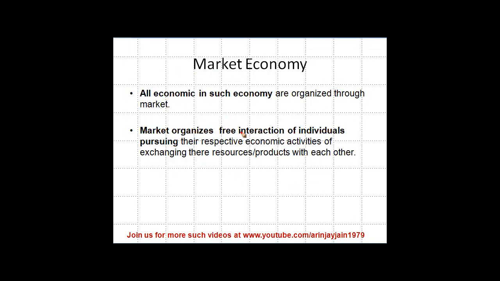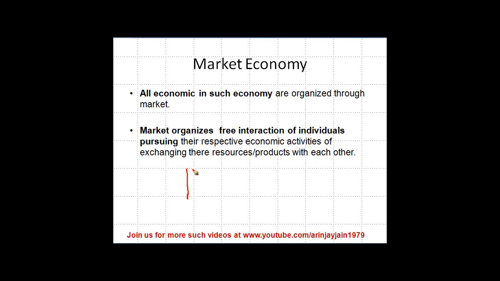Let's see the next one, which is the market economy. Now, as against a centrally planned economy where the government decides what is to be produced and how the resources are to be allocated, in this case there is a free marketplace.